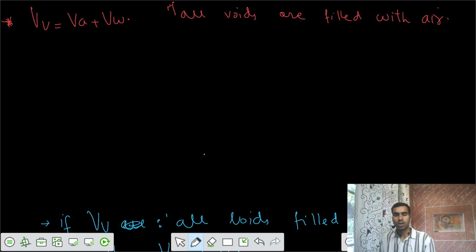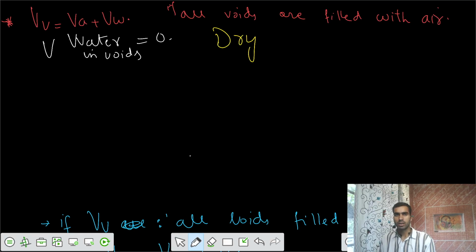Water present in the voids is equal to 0, so volume of water in the voids is 0. We call that a dry condition, the dry state of the soil, dry soil.